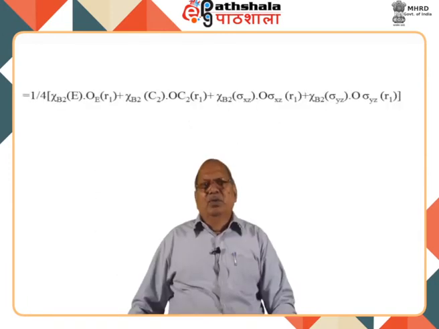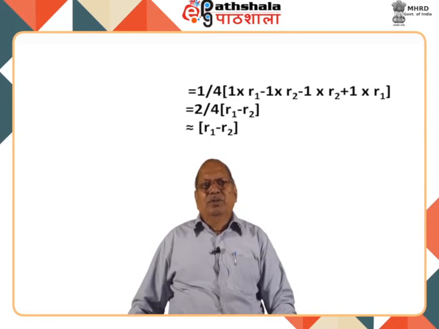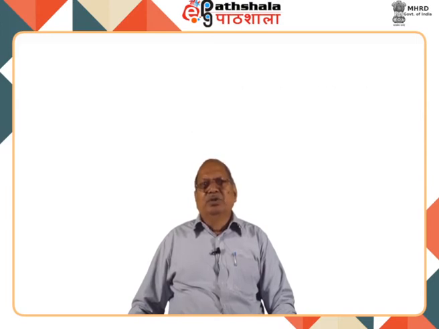That is 1 by 4 chi B2 E OE operating on R1 plus chi B2 C2 OC2 operating on R1, chi B2 sigma XZ O sigma XZ operating on R1, chi B2 sigma YZ O sigma YZ operating on R1. This gives 1 by 4 times 1 into R1 minus 1 into R2 minus 1 into R2 plus 1 into R1, that is 2 by 4 times R1 minus R2, or R1 minus R2. That is, this combination belongs to B2 symmetry.